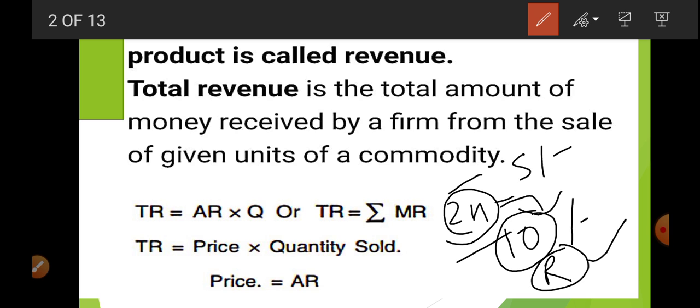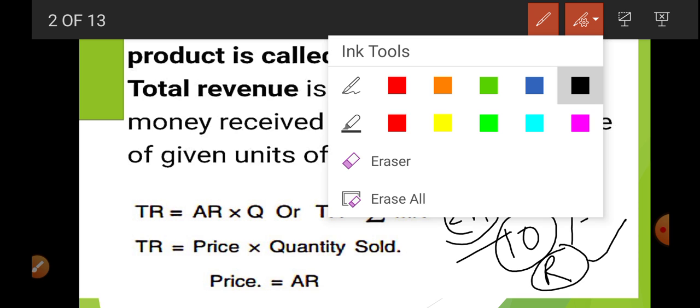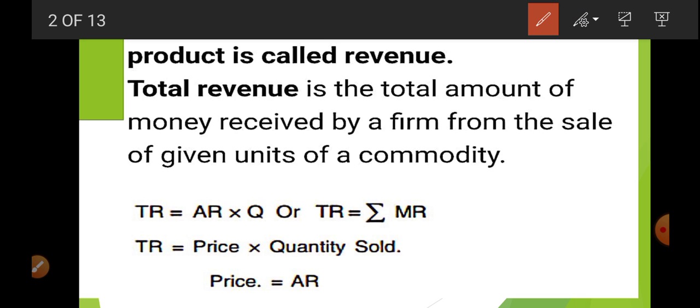Okay, so how we calculate revenue? So we calculate revenue with the help of these two equations. First is average revenue multiply Q, and second is total revenue is the sum total of marginal revenue. Okay, remember AR and price both are the same thing.